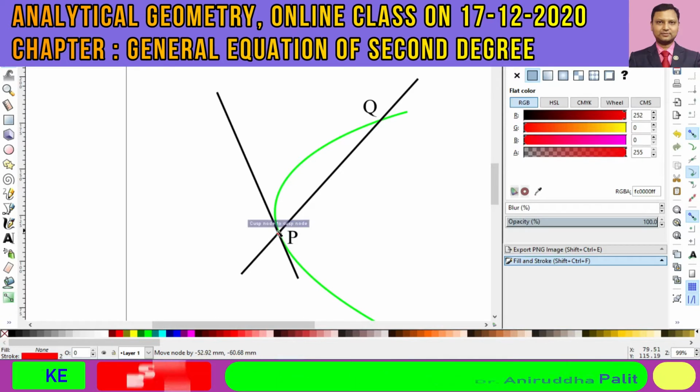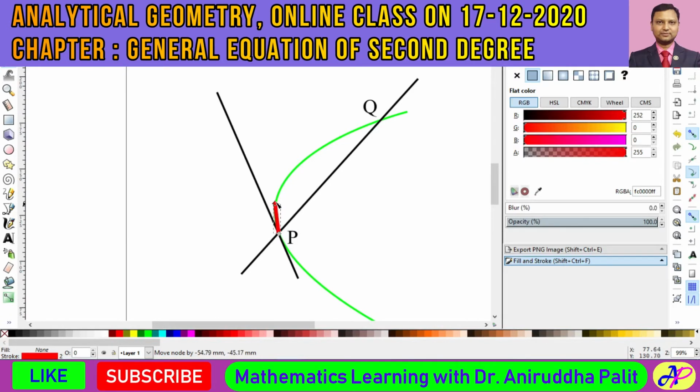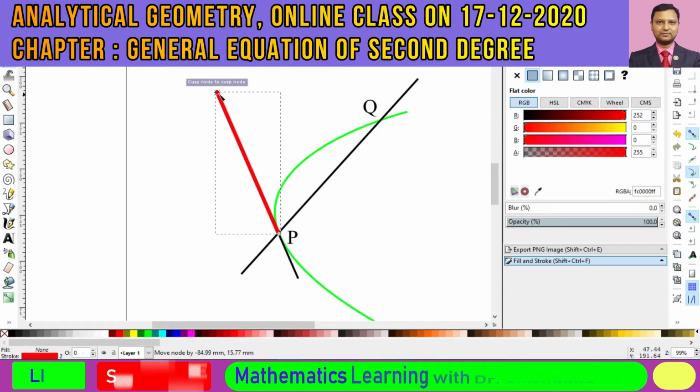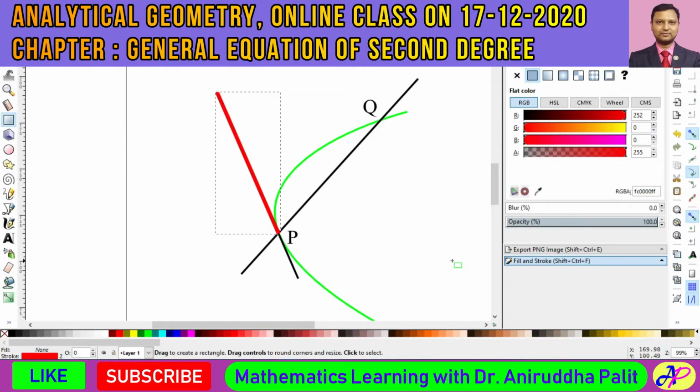If the point Q moves along the curve represented by this green curve, then this would be the limiting position of the straight line PQ. Then this limiting position would be the tangent to the curve. Got it?